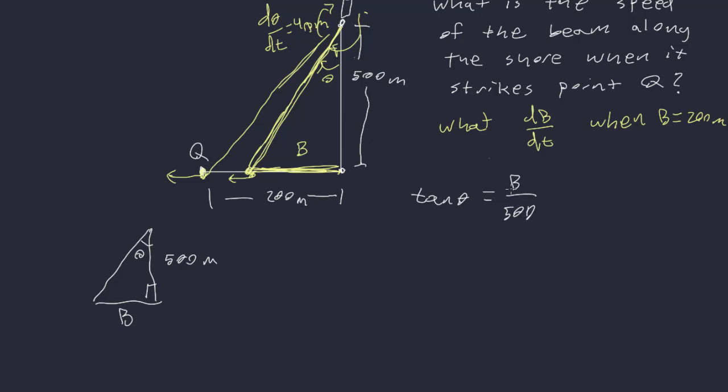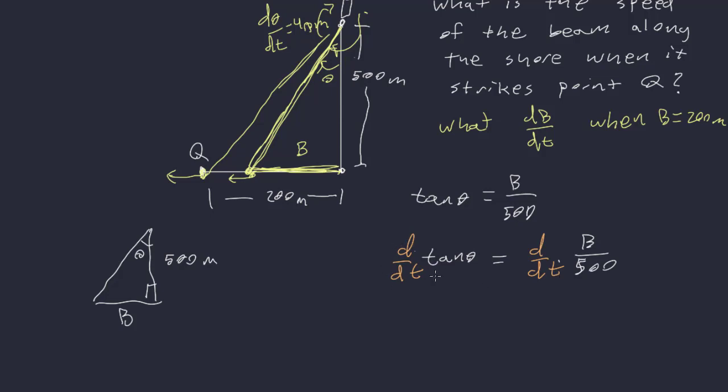And notice we can actually put in the 500 here because this length right here stays constant, thankfully. Okay, and so now we can differentiate both sides, or we can move the 500 over, but I'm just going to go ahead and differentiate both sides.